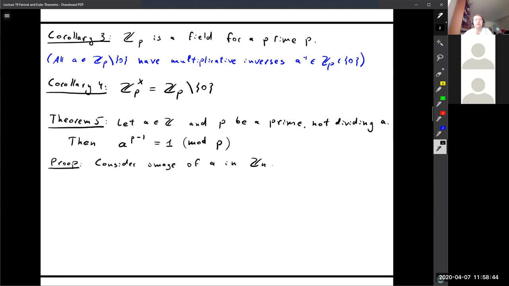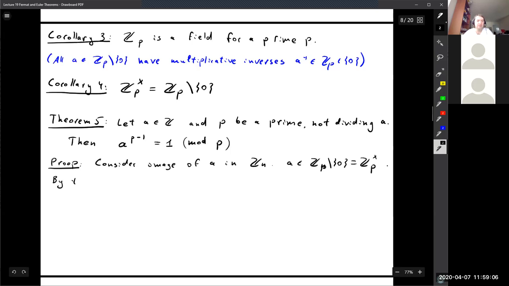Then what do we have? We have that A belongs to Z_P minus 0, which is precisely the set of all invertible elements.